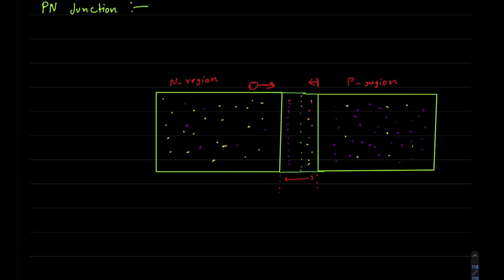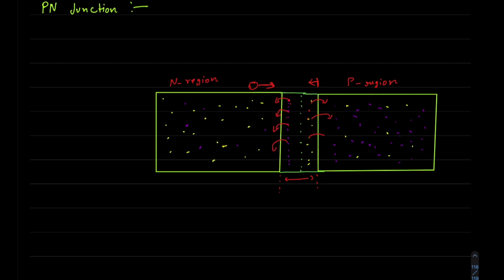Now, since no charge carriers can rest in a position where there is a potential barrier, we know that if there is any potential barrier, no charge carrier will be able to sit in that region. So these electrons move out of this position into the p-type region, and these holes move to the n-type region.